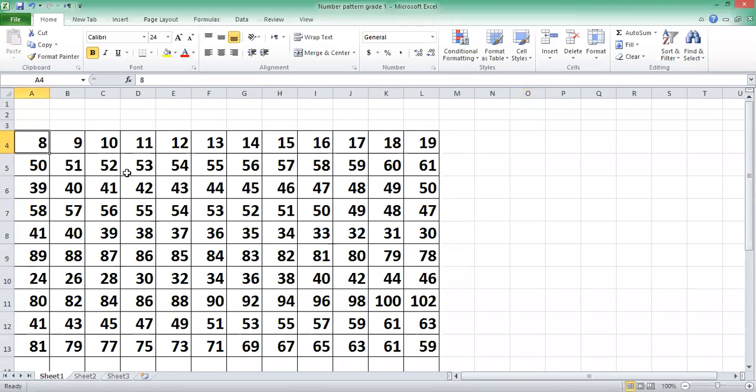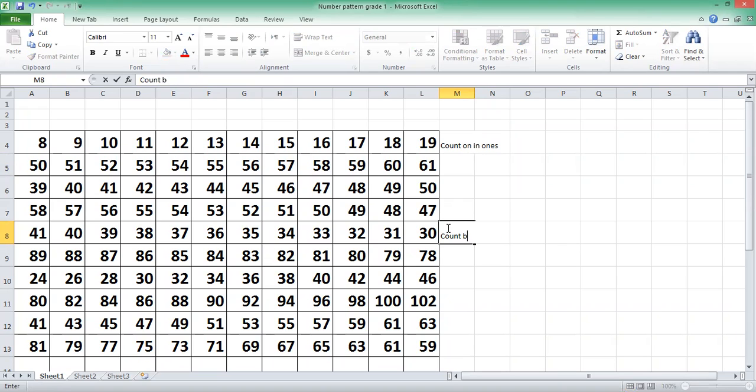Look at these number patterns. We have discussed 4 number patterns. The first number pattern, counting on in ones. The second number pattern we have discussed is counting backward in ones.